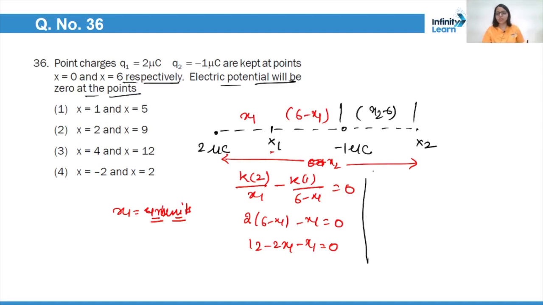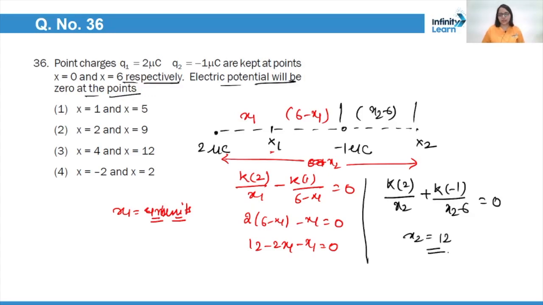So at x2 position, let's put the total potential value equal to 0. So it is kq upon x2 plus k into minus 1 upon x2 minus 6 is equal to 0. So after solving this one, you'll get the value of x2 as 12 units, right? So at x equal to 4 and 12, we'll get total electric potential 0.